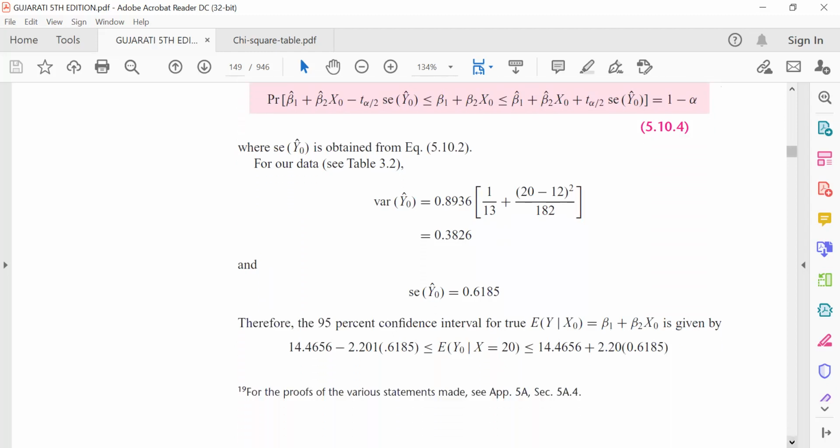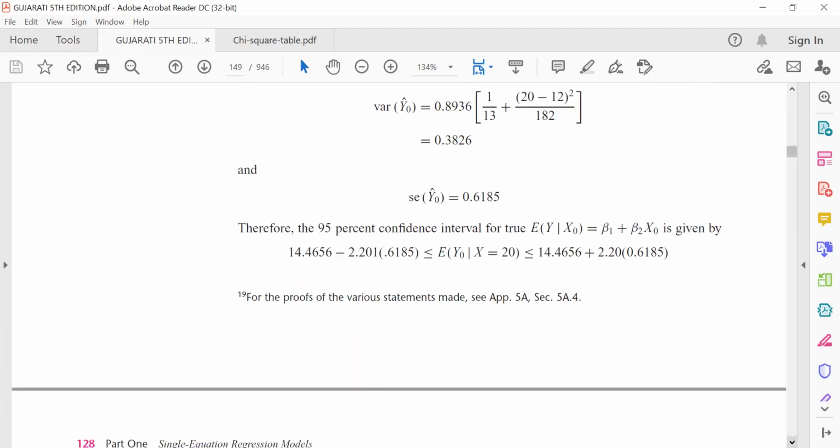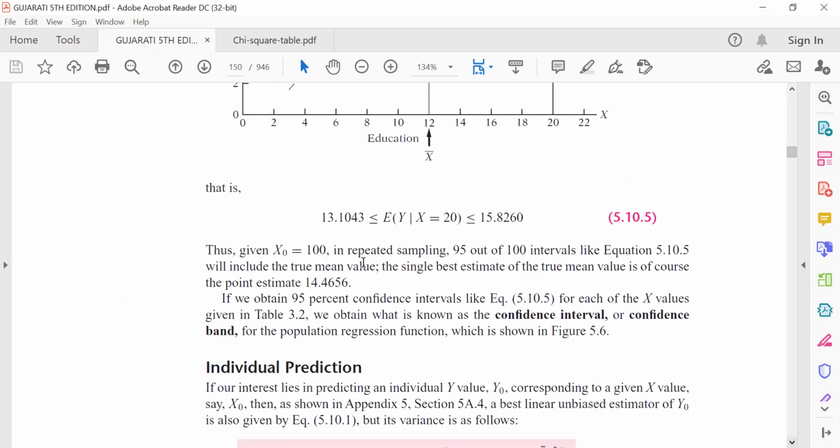With a 95% confidence interval for the expected value of y, this is a conditional expected value, for x equal to 20, the prediction is from 13 until 15.